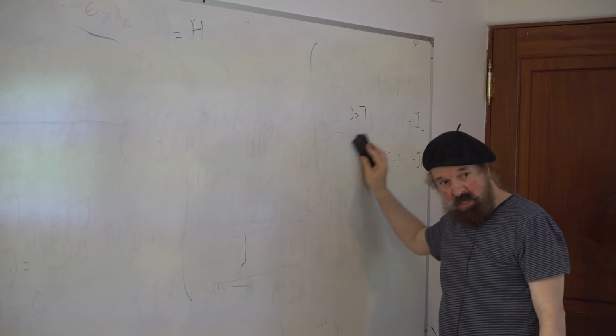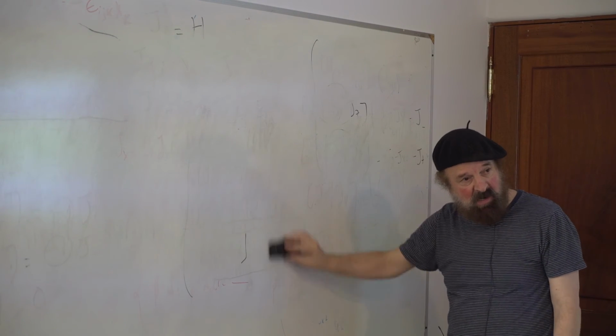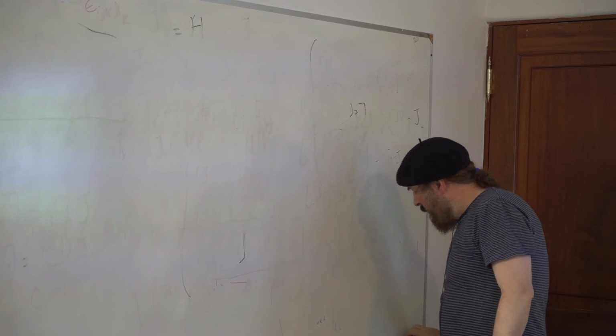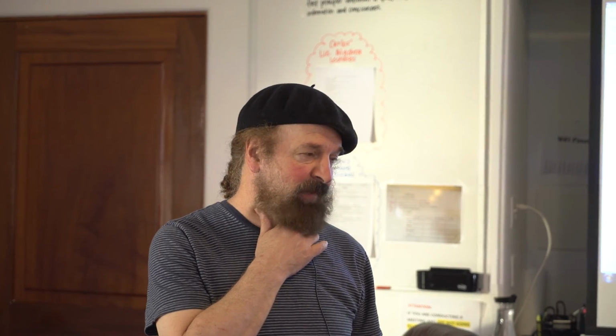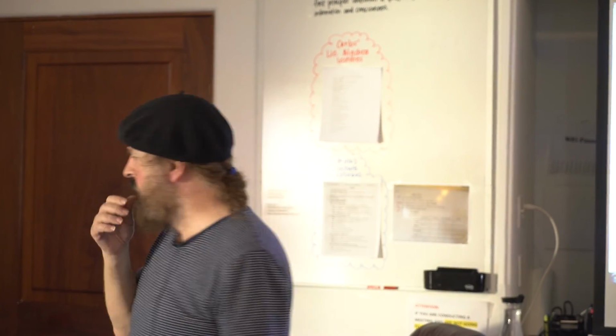Then we'll look at the commutation relationships in the Cartan basis, geometrically understand the symmetry, and then work with the matrices and find an explicit matrix representation.